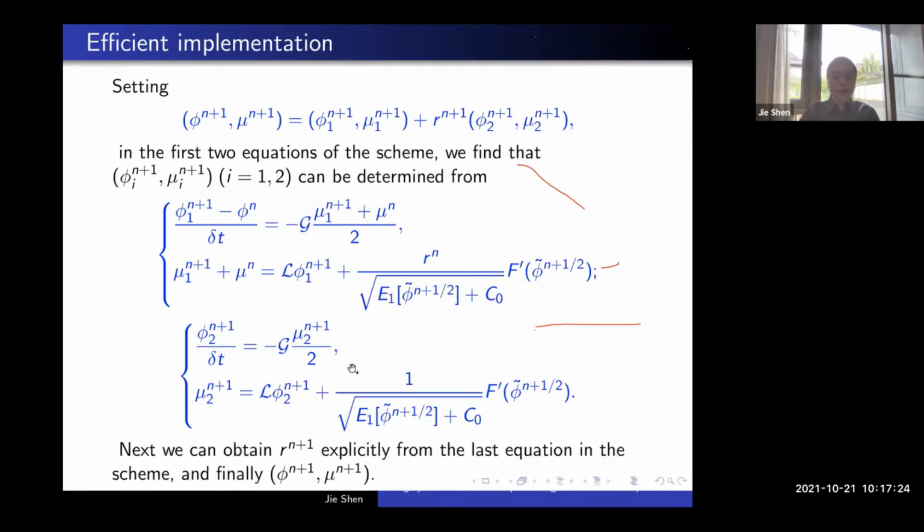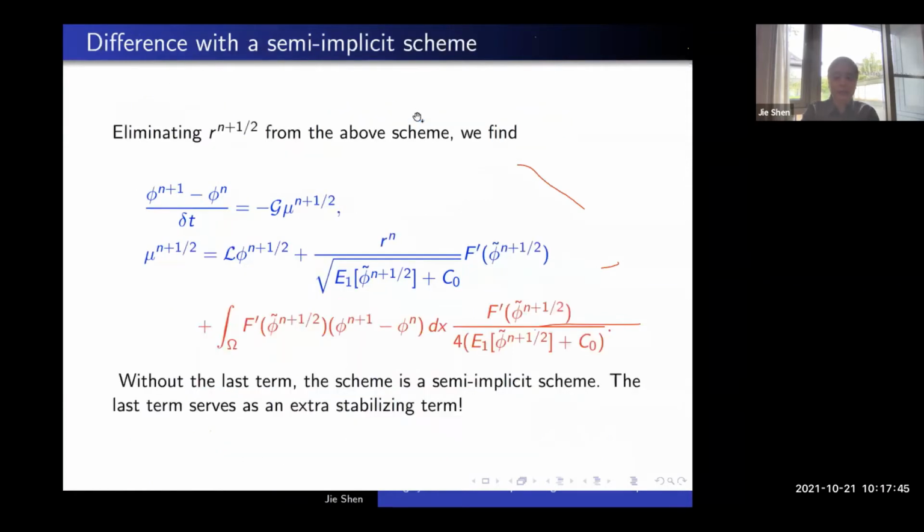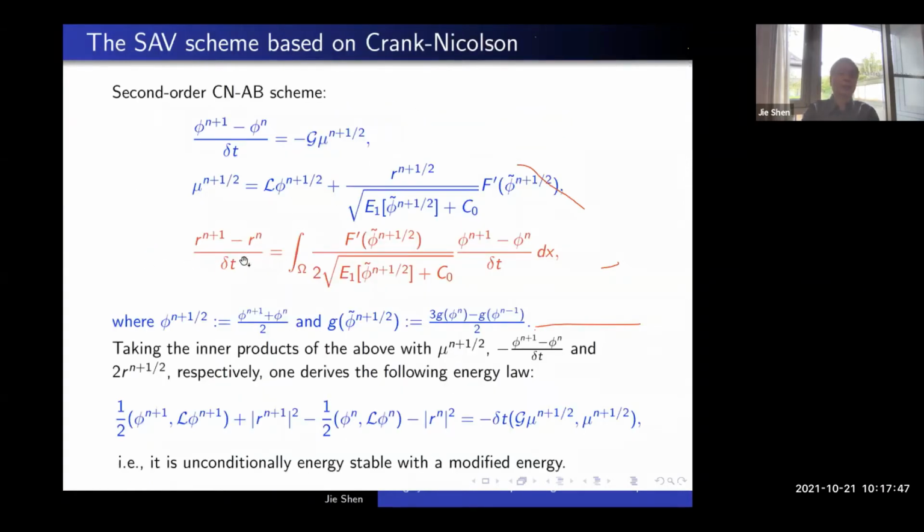And you collect all the terms with R n plus 1, you get another equation for phi 2 and mu 2, which is also a linear equation with constant coefficient. So those equations are very easy to solve. And once you solve for phi 1, phi 2, you plug this relation again back into this R equation.